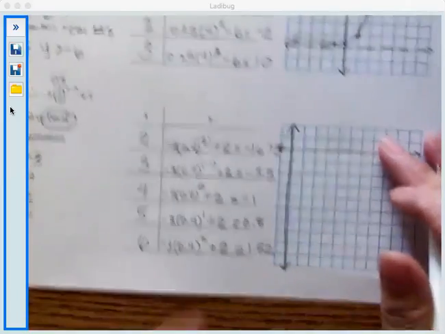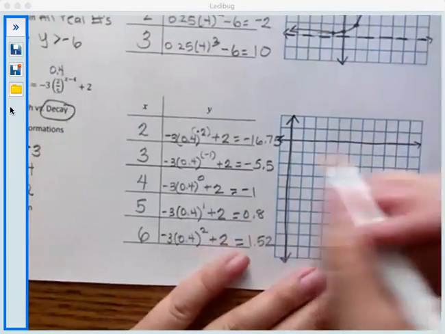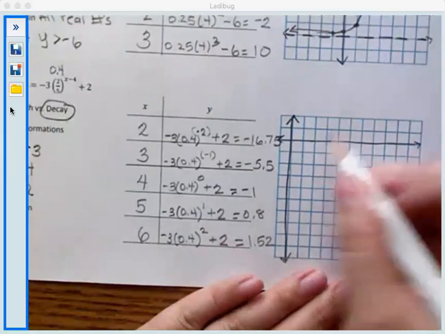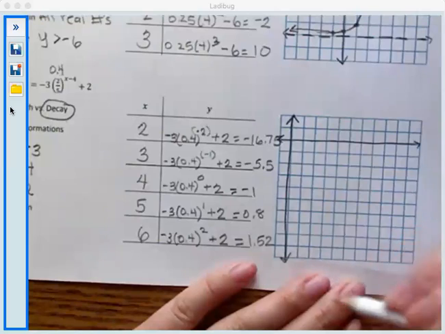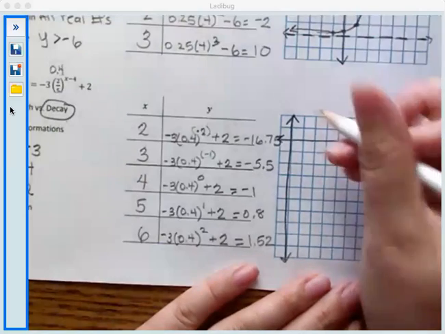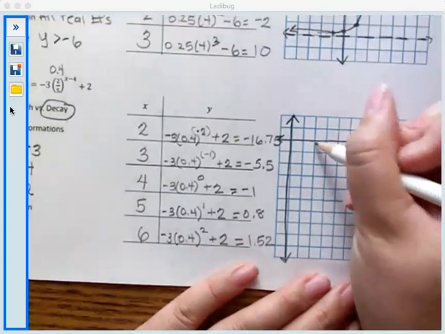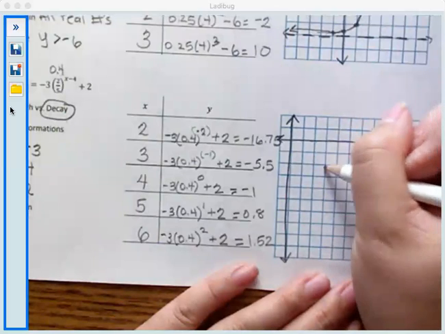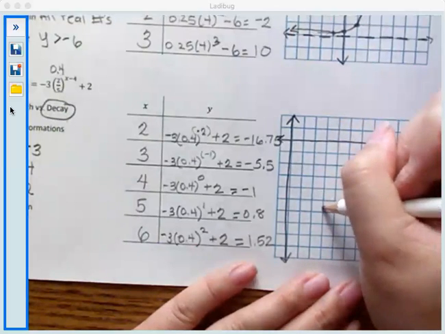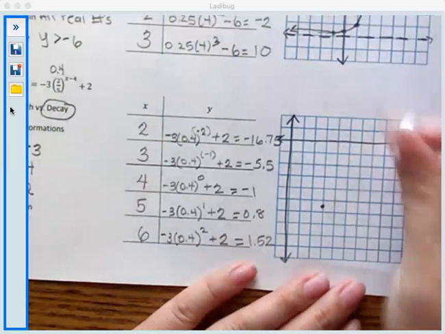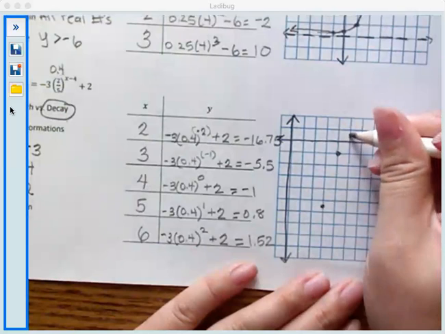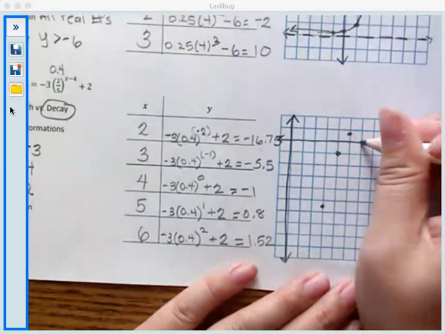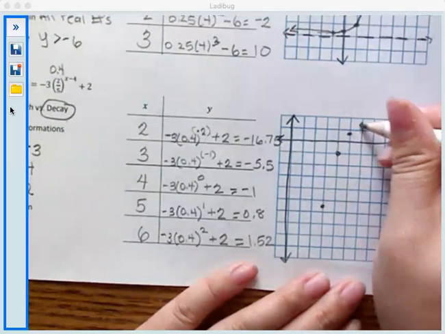Let's go ahead and graph these. So I have 2 and -16.75. It's going to be way down below my graph. 3 and -5.5 is here. 4 and -1. 5 and 0.8. 6 and 1.5.